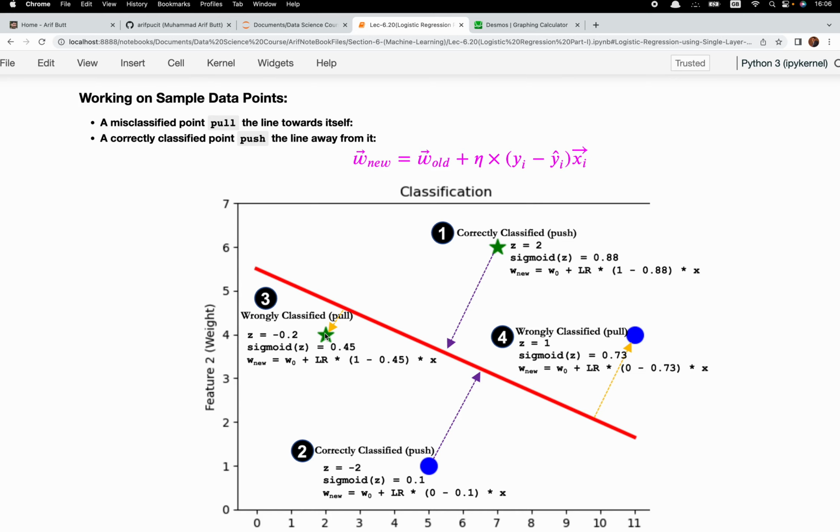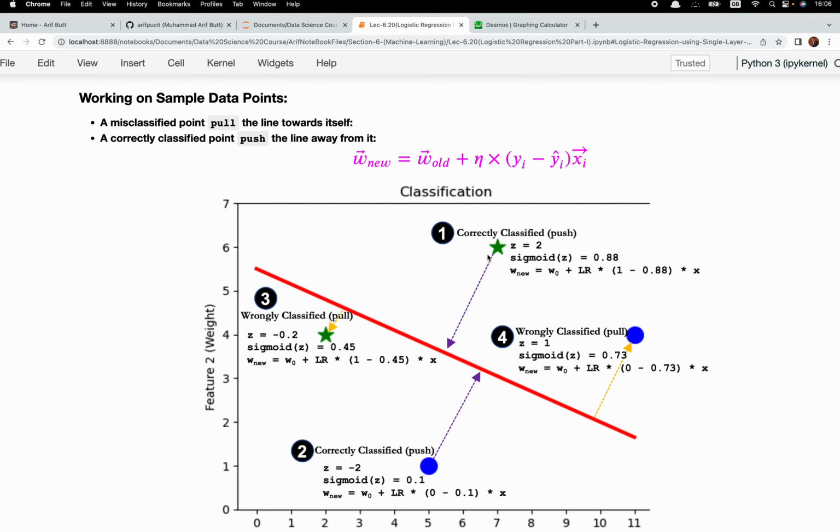Similarly, suppose the data points represented by these 2 blue circles belong to the negative class. So this blue circle number 4 is on the wrong side of the line and is wrongly classified. At any instant of time, this red line represents the classification line. Now let me deal with all these 4 points one by one.